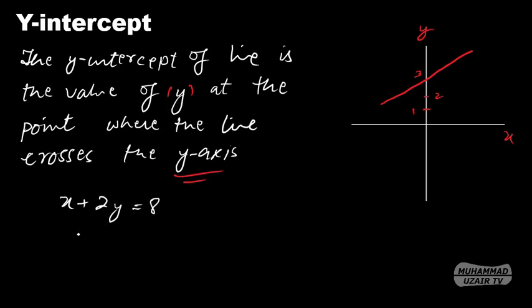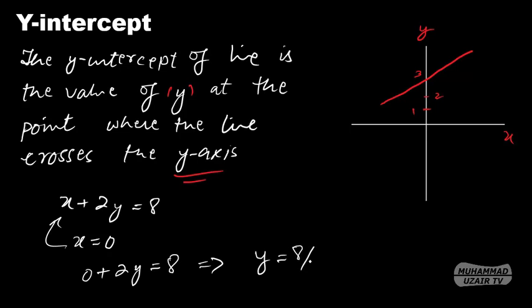To find the y-intercept, we need to put x is equal to 0. So by putting this value in the above equation, you will get 0 plus 2y is equal to 8. So y is equal to 8 divided by 2. So here y is equal to 4.